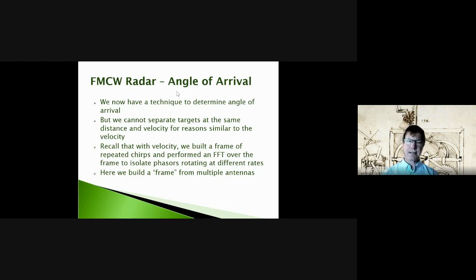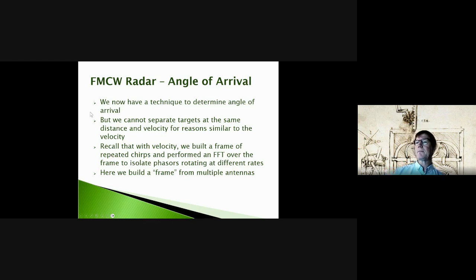But just like in the previous case with the velocity, that's all nice and simple when there's just one target. But when we have multiple objects out there, we don't have a means of separating out that data. We're going to look at that in a little bit if it's not already clear to you.